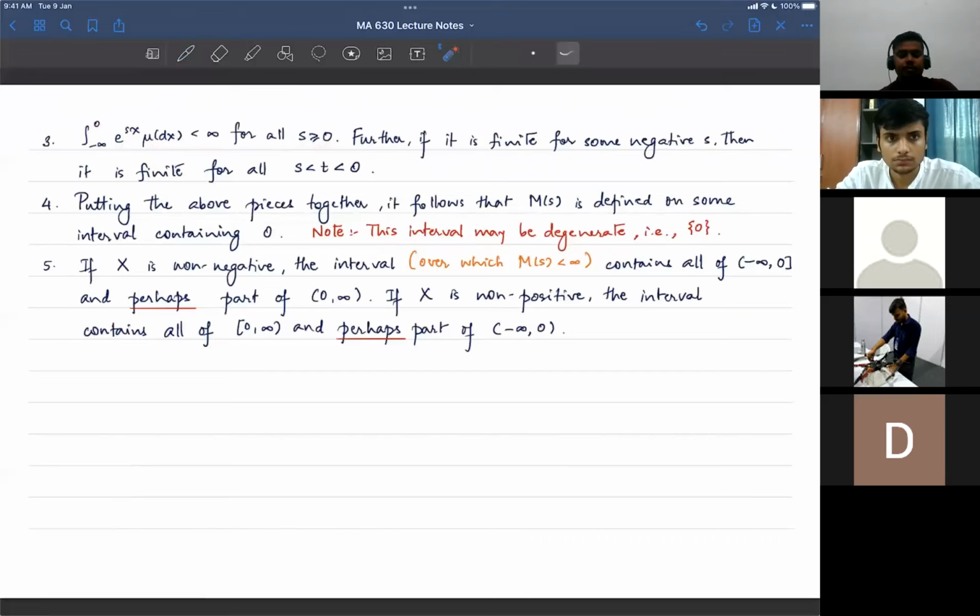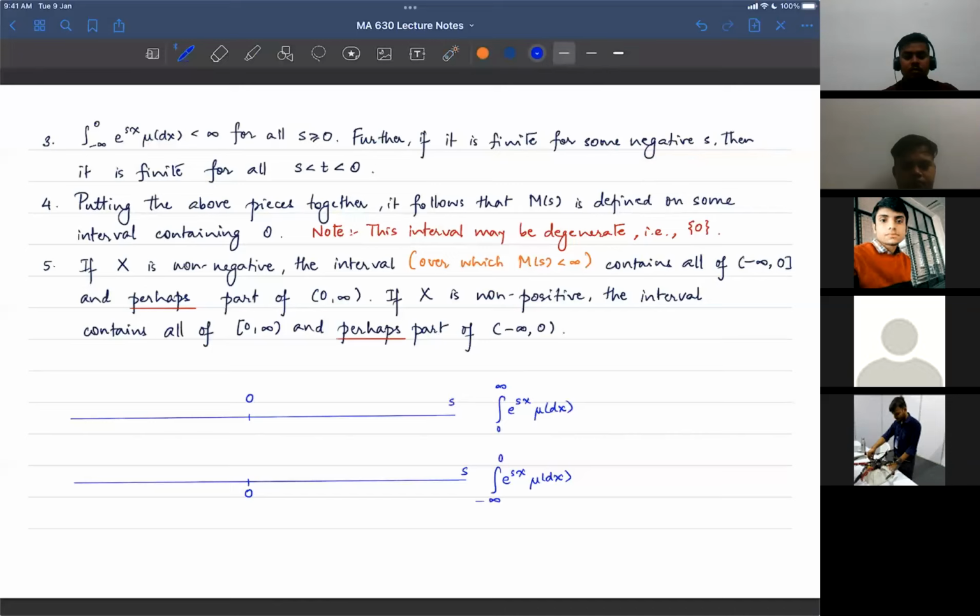So this is actually the s-axis. Okay? What have we shown? We have shown that if you look at the integral from 0 to infinity of e to the sx dμ, it is definitely finite over here, right?